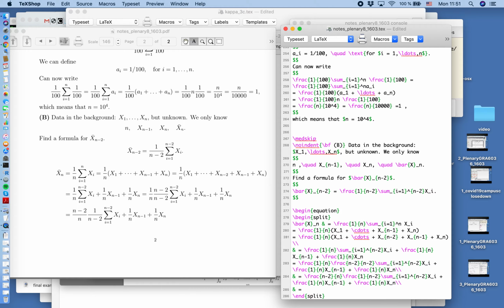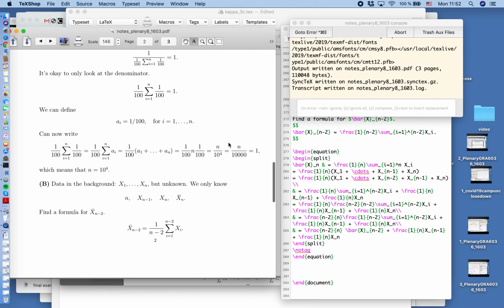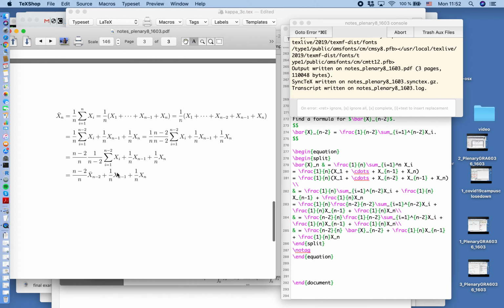Then we get n minus 2 divided by n times the mean of the n minus 2 first observations plus these last two terms that are known to us. So we get this.